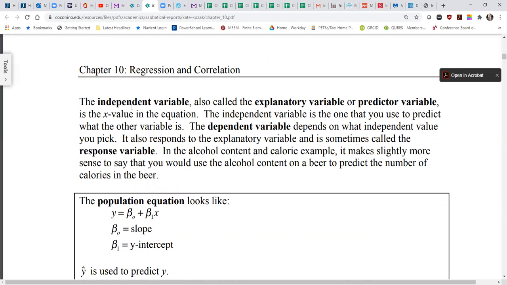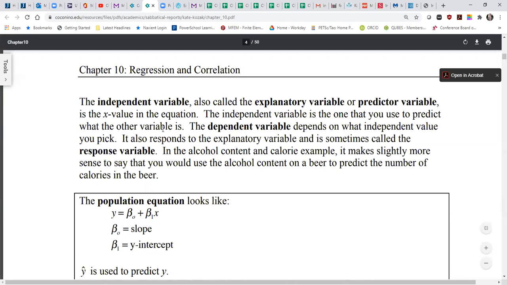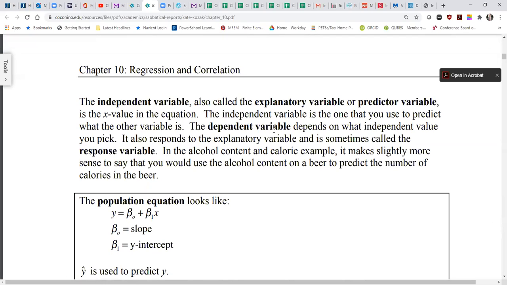We call one of the variables the independent variable, or the explanatory variable or predictor variable. The other one is the dependent variable. The dependent variable depends on what independent value you pick, or we call it the response variable.